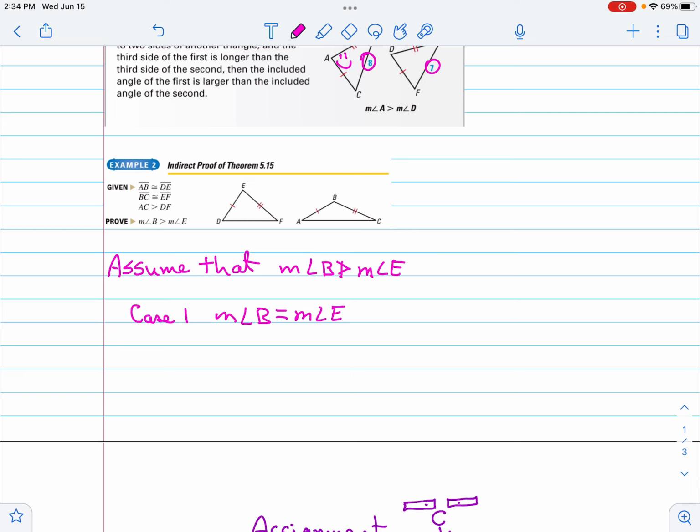Now, if that happens, then triangle DEF is congruent to triangle ABC by side, side, side.